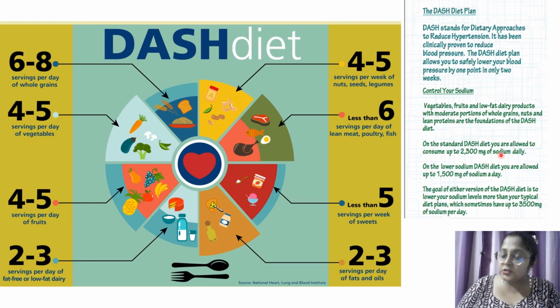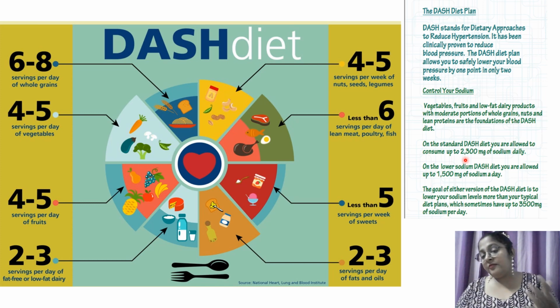If we talk about sodium, we are allowed to take about 2300 mg, like 2.3 grams of sodium per day. This is the standard sodium intake according to the DASH diet, and if we need to lower the sodium intake, then it can be up to 1500 mg or 1.5 grams of sodium per day.